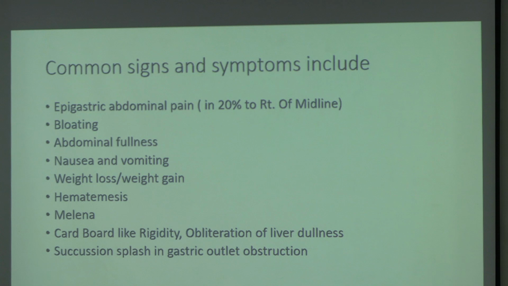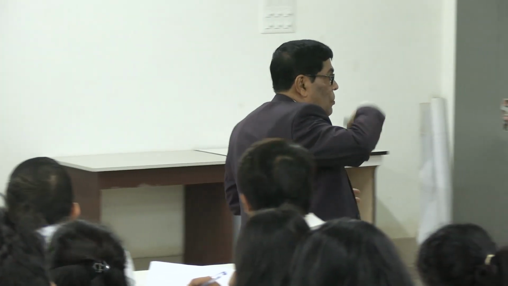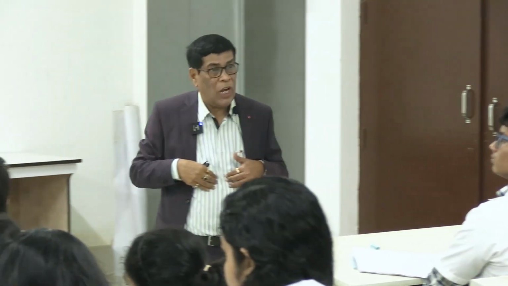Malignancy is also one of the important causes of weight loss. On the contrary, why will certain patients of peptic ulcer have weight gain? Duodenal ulcer, I told you, is relieved by food. Even at midnight or early morning, the patient may wake up from sleep because of hunger pain, so they will take food. More food, weight gain. This is the easiest way of explaining this.